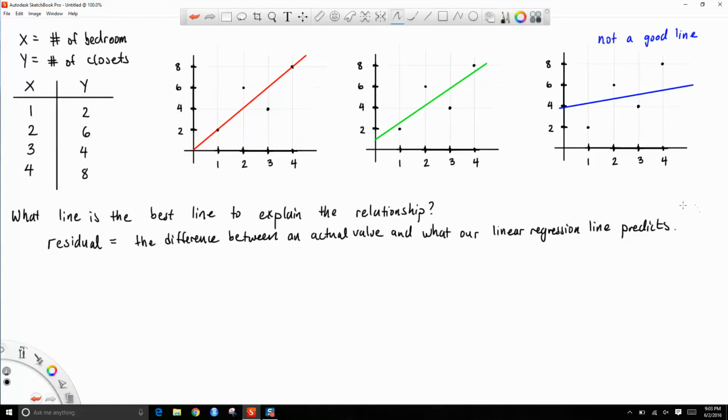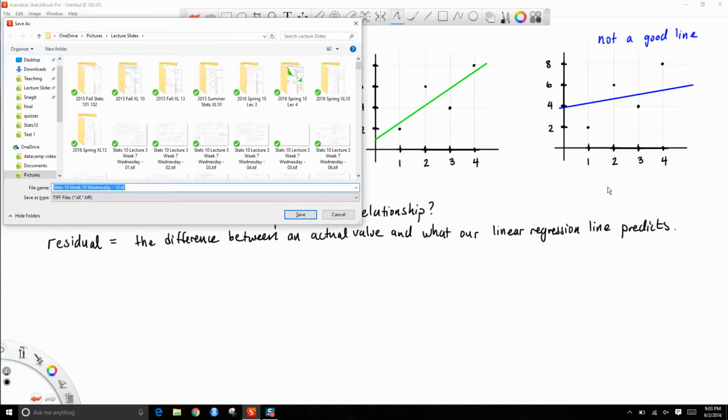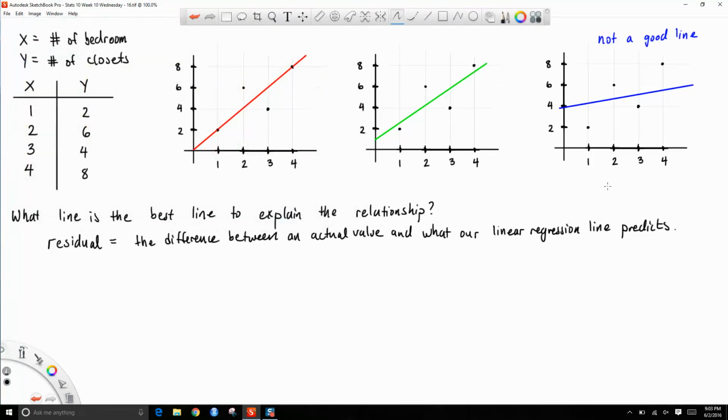Essentially, if we think back to what a residual was when we were talking about ANOVA, it was what was left over after we've accounted for the fact that the group means were different from the grand mean. Here it's the same concept. It's what is left over after we've accounted for predictions made by the line.